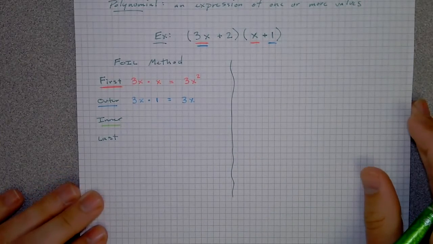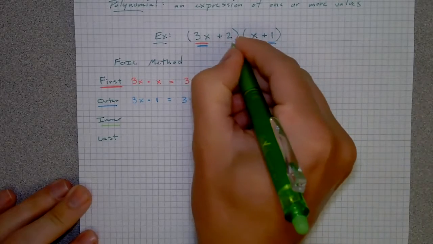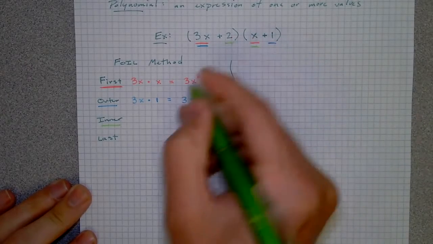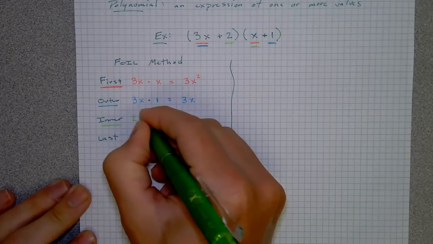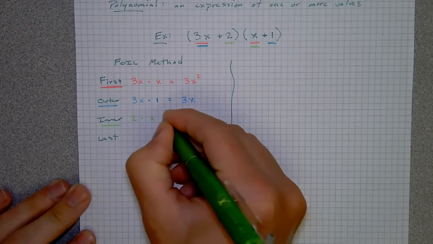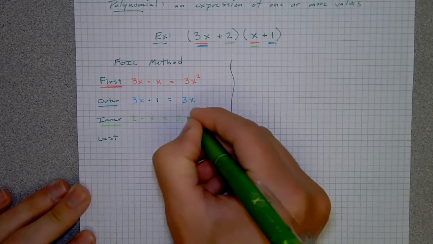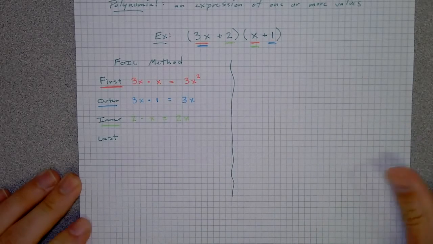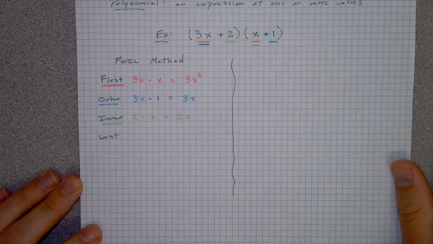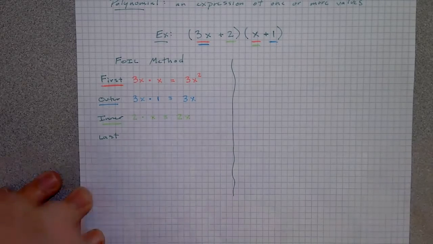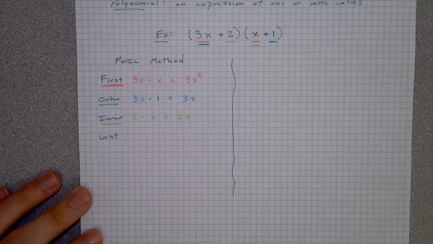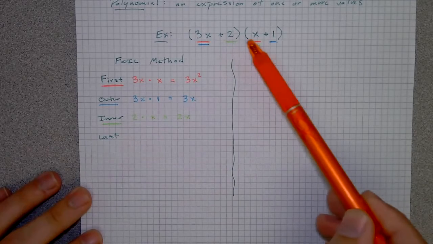Okay, next is the inner 2, which is going to be 2 and x. Okay, but we get 2 times x. Those are the 2 inner values.